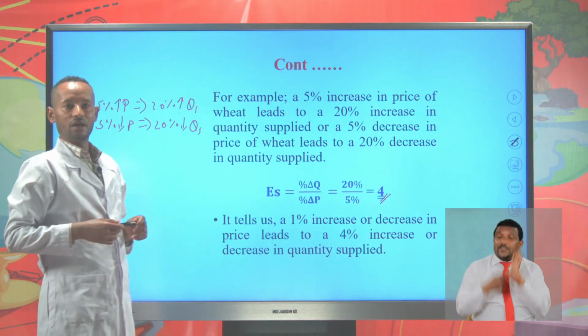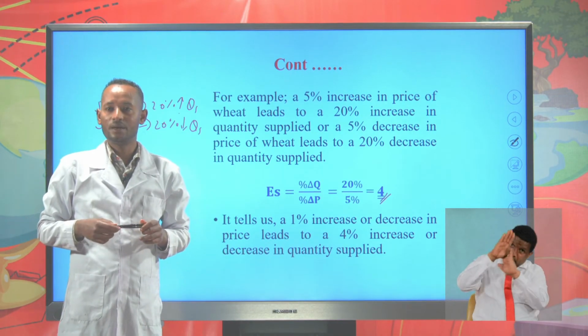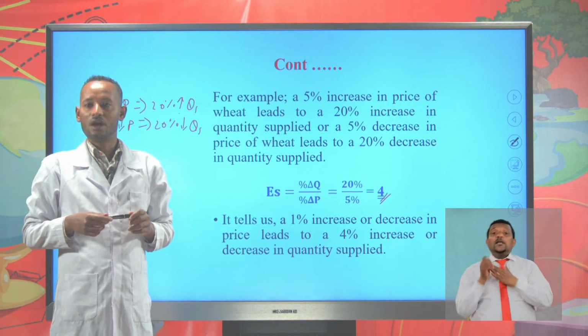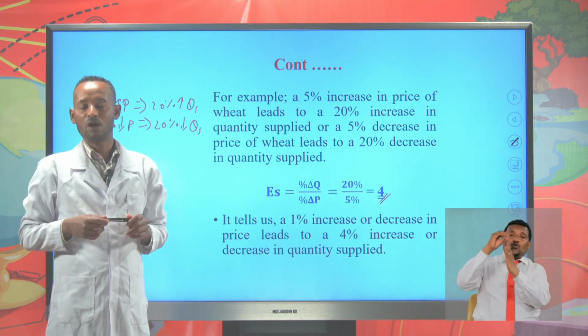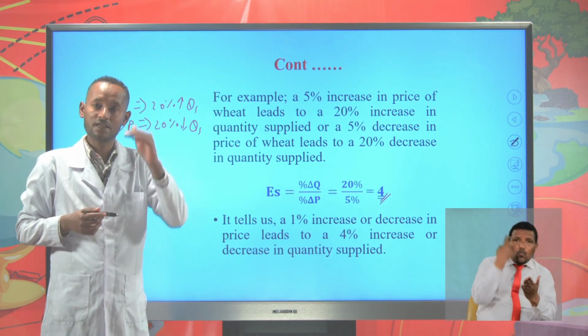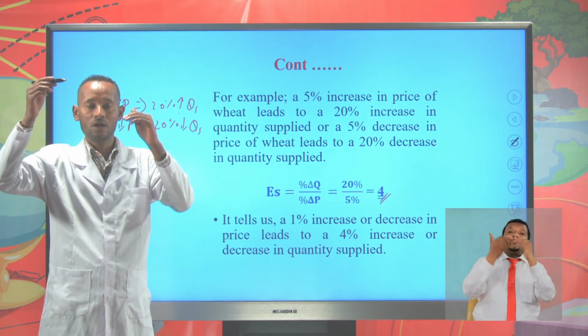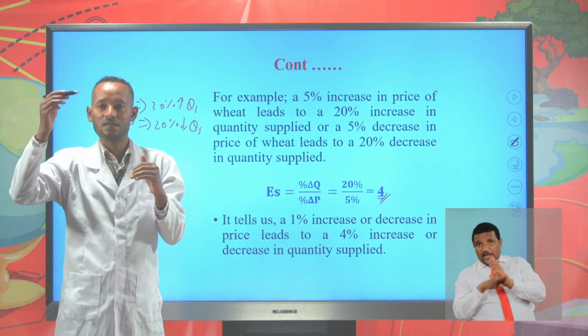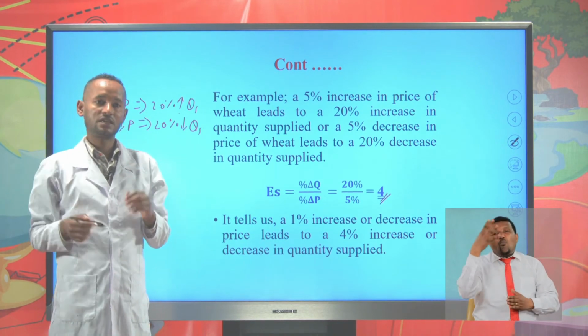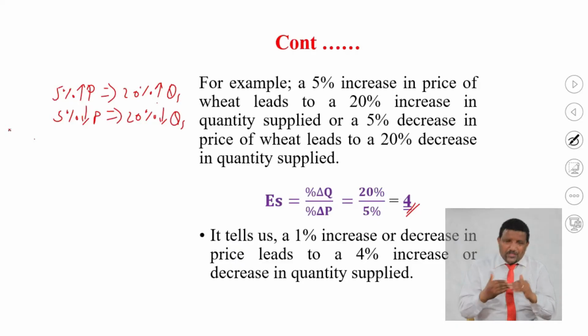This means a 1% increase or decrease in price of a commodity leads to a 4% increase or decrease in quantity supplied. That means a 1% increase in price leads to a 4% increase in quantity supplied, or a 1% decline in price leads to a 4% decline in quantity supplied.